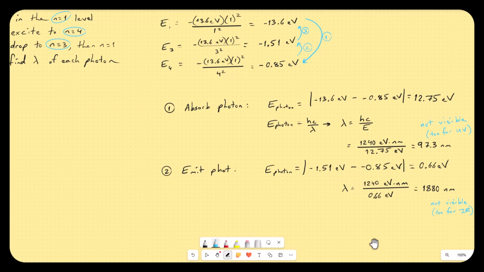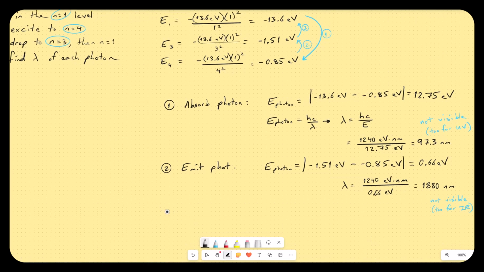And now we'll look at the last one. 3 to 1. We are again going to emit a photon. We were in the n equals 3 level. We need to get to the n equals 1 level, so we need to drop. So I'm going to go negative 13.6 eV minus negative 1.51 eV, and that's going to give me 12.09 eV.